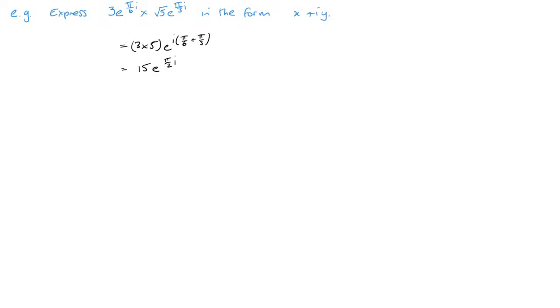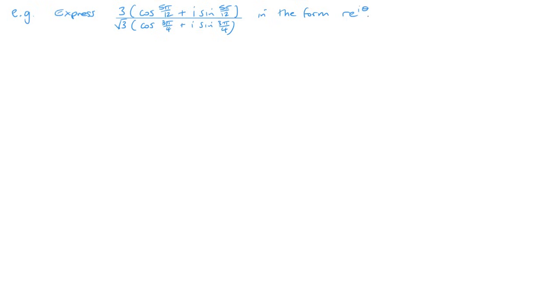Converting this into modulus argument form gives me 15 (cos pi by 2 plus i sine pi by 2). Cos pi by 2 is 0 and sine pi by 2 is 1, so in the end I get 15i. So I've done a multiplication, and then a conversion afterwards. Fairly straightforward.